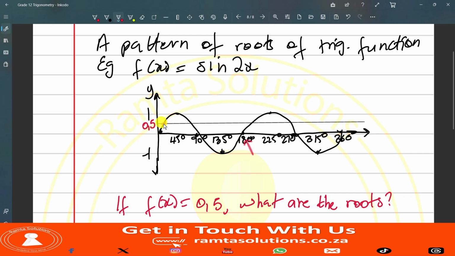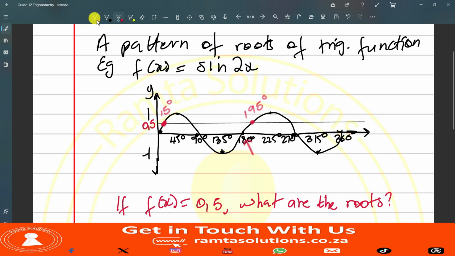So I suspect here it'll be 15 degrees. Our period was 180, so we'll get another point that is in phase with it after 180 degrees. Meaning add 180 to this, 180 plus 15, it'll be 195.